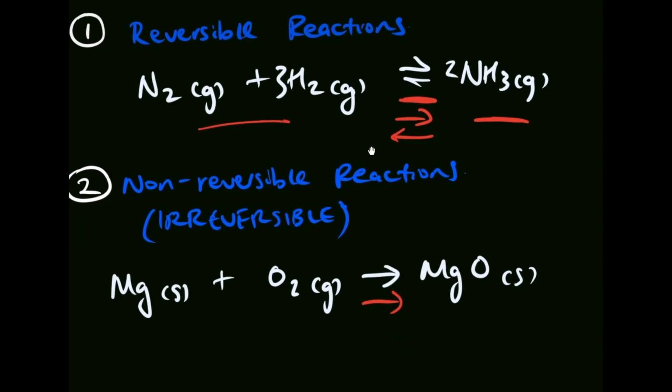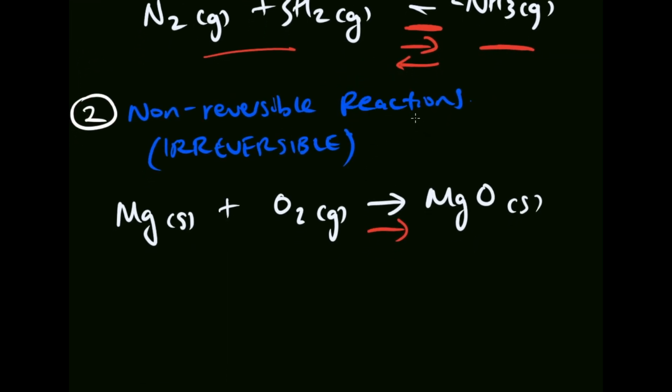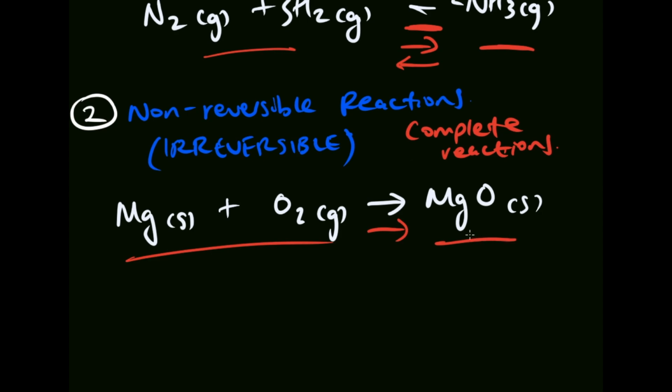Whereas in non-reversible reactions, aka complete reactions, all the reactants, or one or more reactants, are consumed, and products are present, and these products do not reform the reactants.